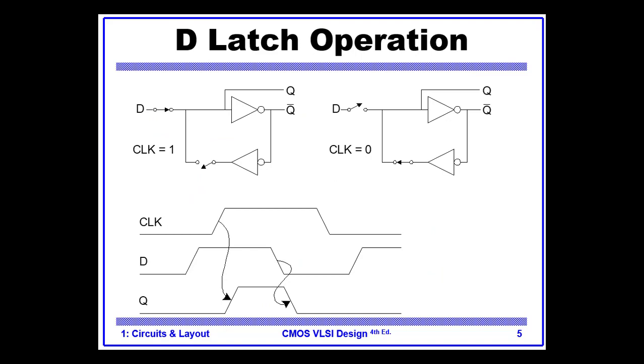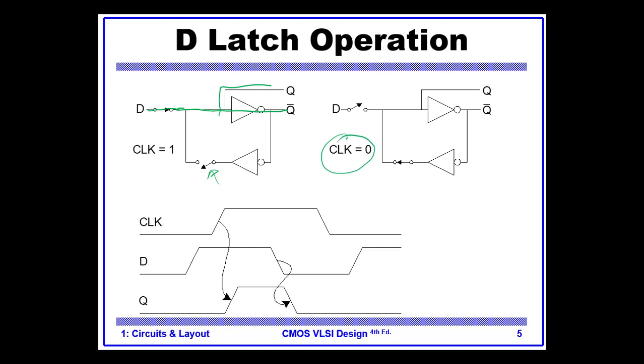And again, the operation that I showed you in the previous slide is demonstrated here in some detail. So when the clock is 1, the multiplexer passes D, and this one is open, as you have seen in the previous slide. So we have this path. So the latch is transparent. You can get Q and Q bar.